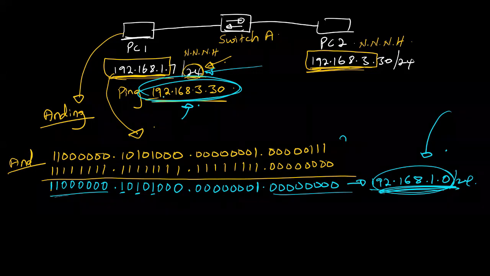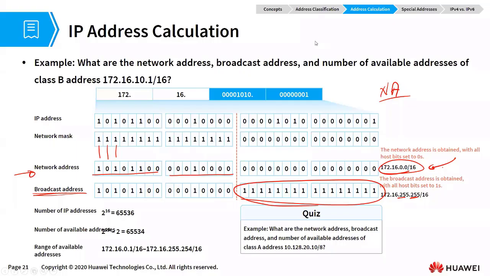Let us see. The PC will get the destination IP address, which is now the IP address of PC2, and add it with its own subnet mask. So the IP address of PC2 was 192.168.3.30. It will change this to binary, and it will get 11000000.10101000.